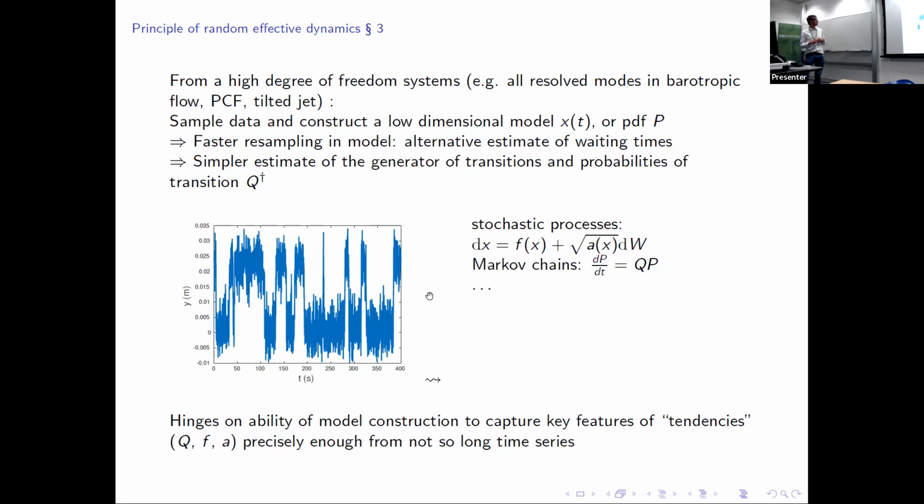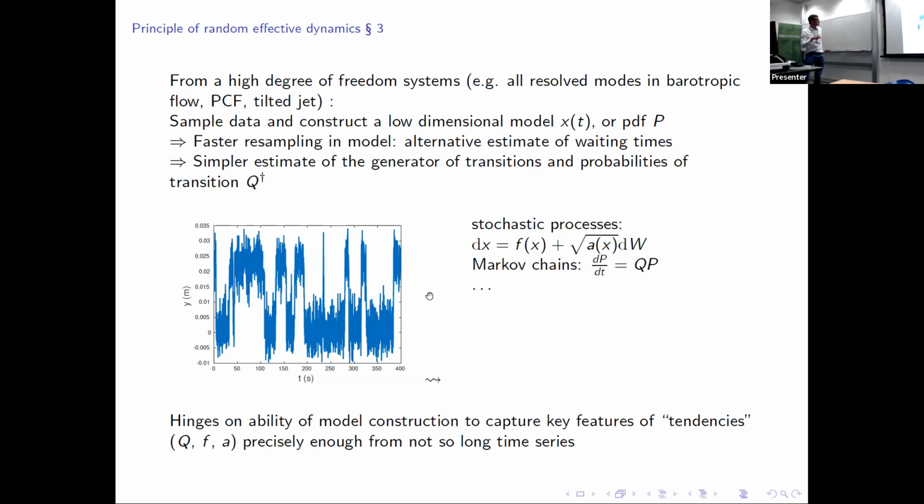So what you want to do is either construct this Markov chain, with the transition matrix, or if you want to identify a stochastic process, have a drift and a diffusion. So what will be important if you want to reuse this model is that if you have, let's say, a handful of switches, you will need to be able to identify precisely these two functions from this handful of switches, and then reuse them to calculate analytically or to resample to estimate the mean first passage time.